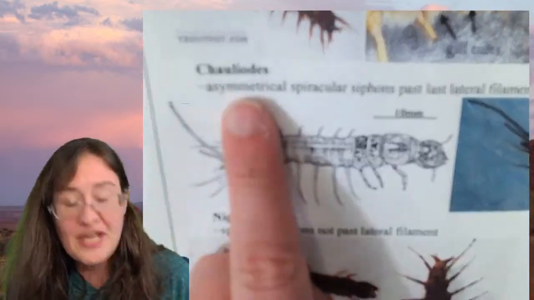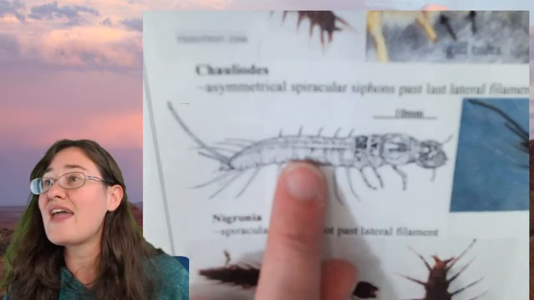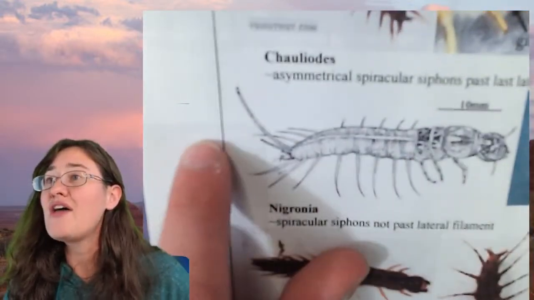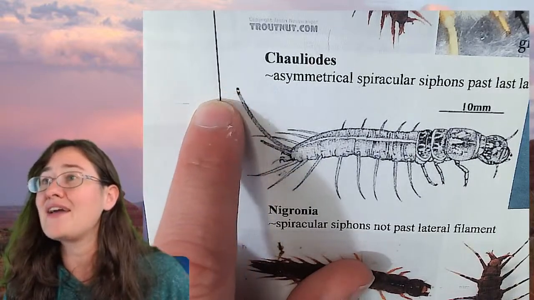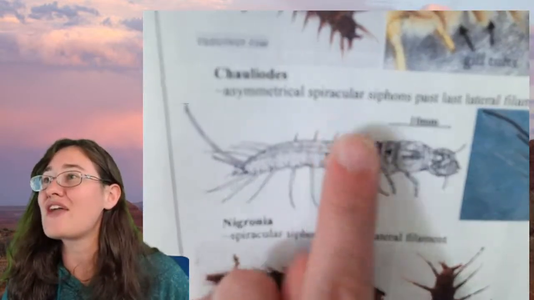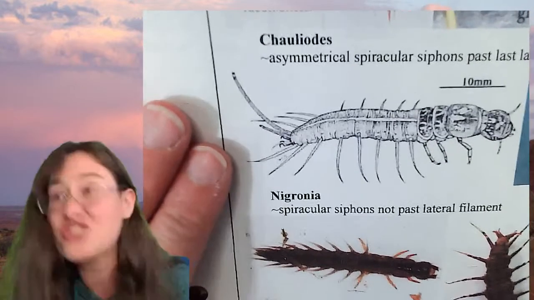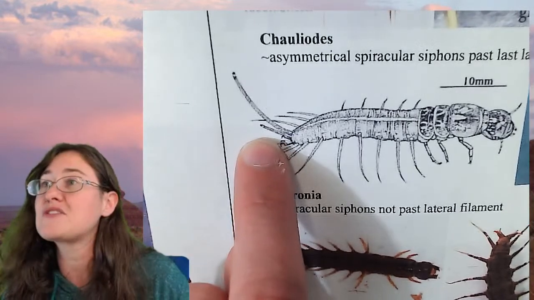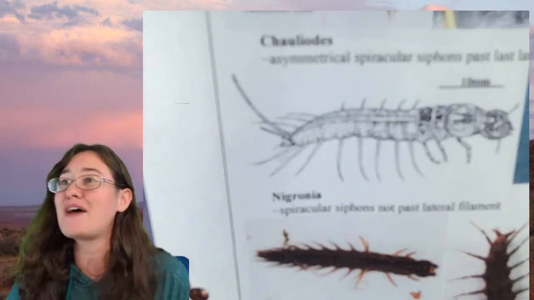Now, if we were looking at Chauliodes, they don't breathe through gills like these guys do. They actually have a siphon. Asymmetrical spiracular siphons. So you can see there's two butt snorkels, a short butt snorkel and a long butt snorkel.